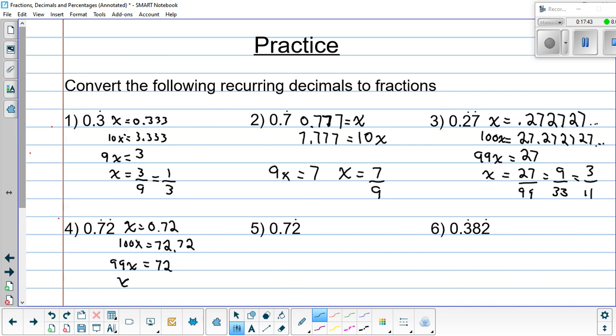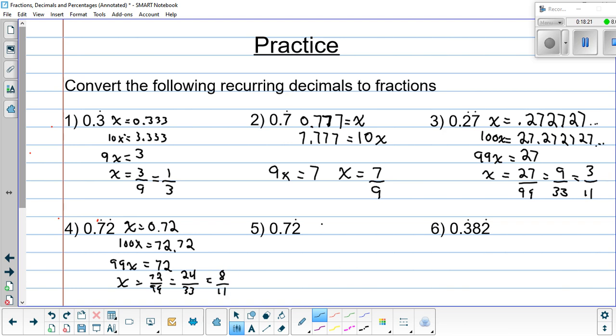So x equals 72/99, which is equal to, what's that, 27, 27, 27, oh, 36. So that's going to be equal to, well, 24/33. Right, when we divide by 3, then we can divide by 3 again, and we can get 8/11.